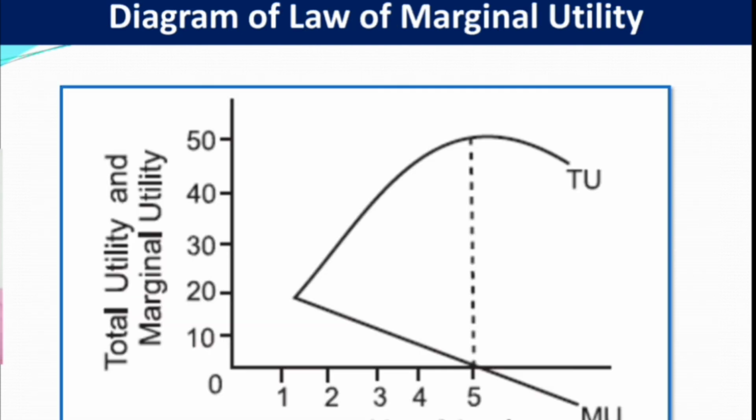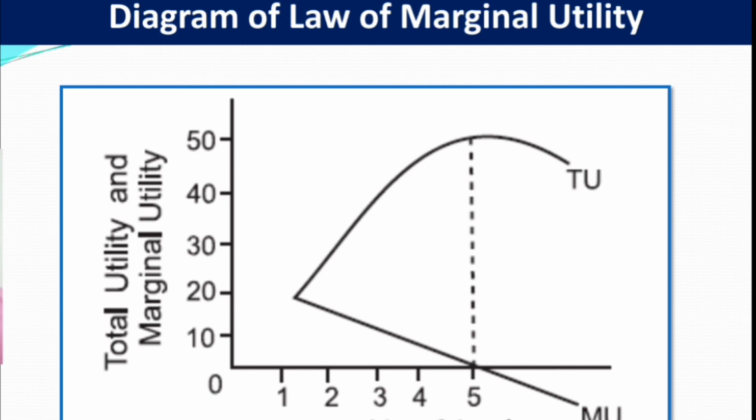We can also explain this using a diagram. The vertical line, the y-axis, indicates total utility and marginal utility, and the horizontal line, the x-axis, indicates the number of apples consumed. The TU line is the total utility line, and the MU line indicates marginal utility.